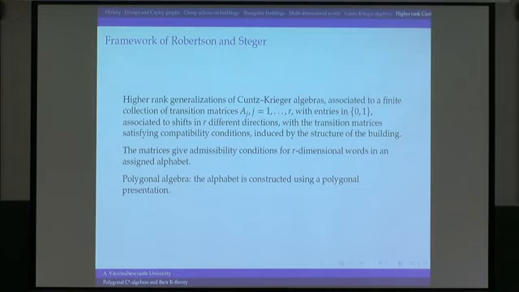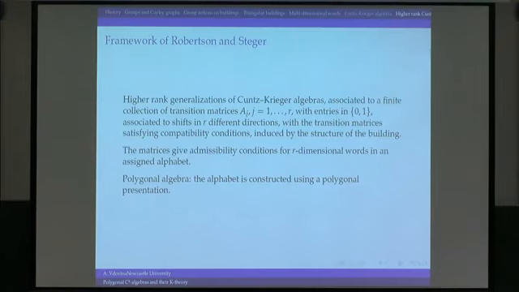But then it turned out, when I understood this paper of Robertson and Steger, I realized that a lot of polyhedra which I was constructing just fit into this Robertson-Steger construction on the nose. Of course, every time you have to check those combinatorial conditions.